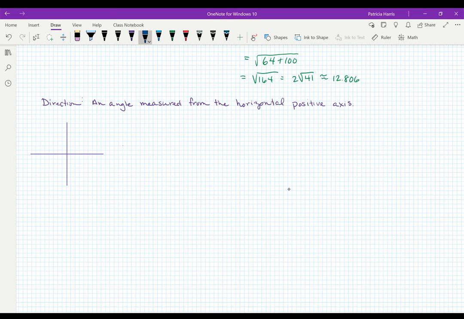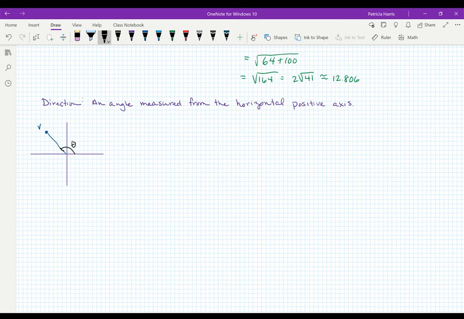Let's say my vector is this guy right here. That's vector v. My direction angle will start here at the positive horizontal and go counterclockwise. Look familiar?